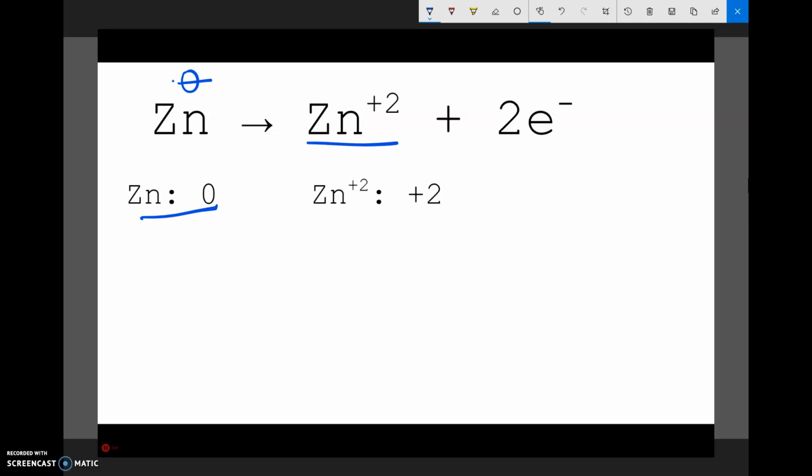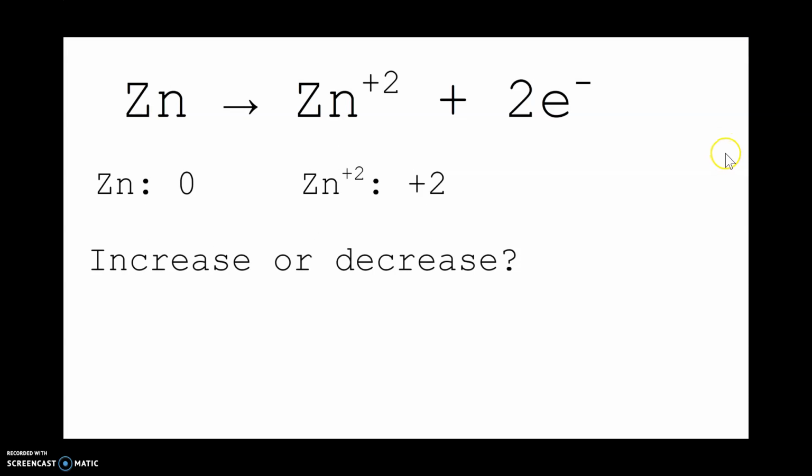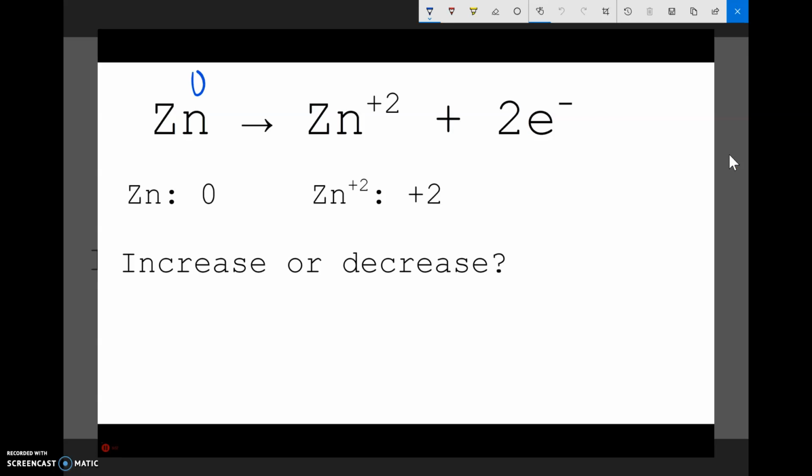On the product side, zinc is an ion, it's a +2, so that's going to be a +2. So is that an increase or a decrease? So again, we've got a 0 going to a +2.